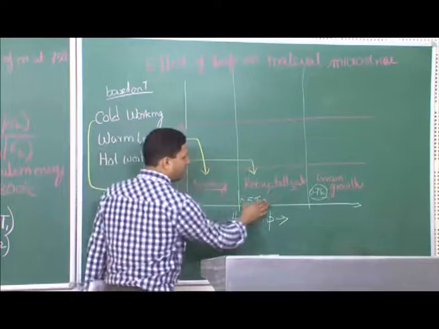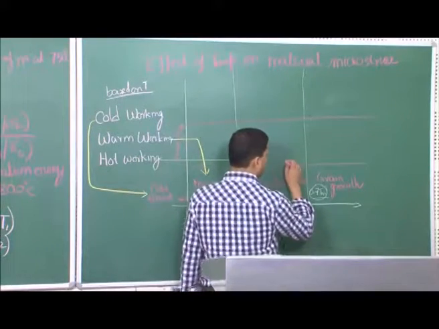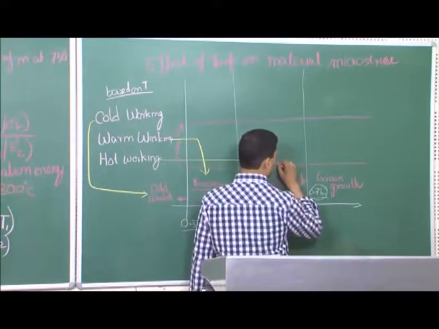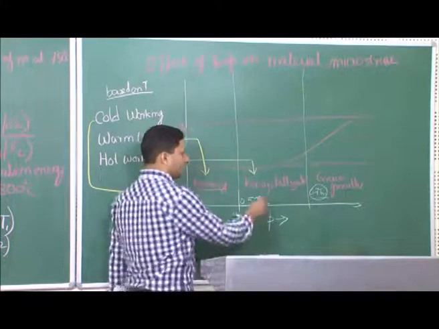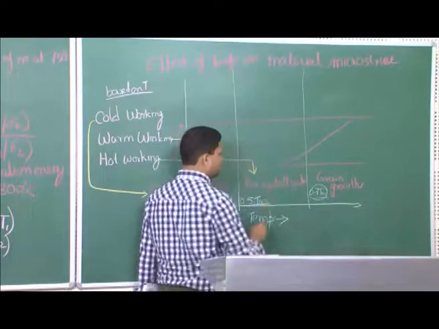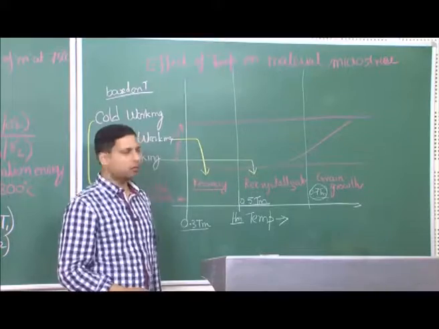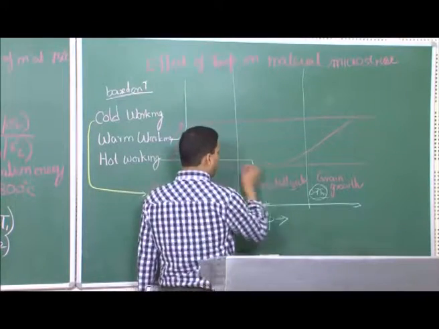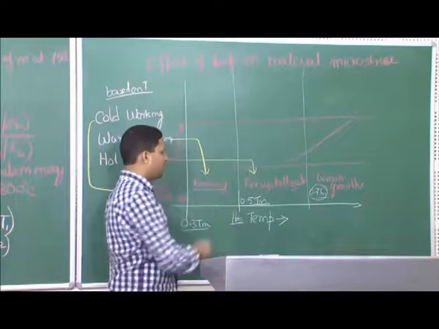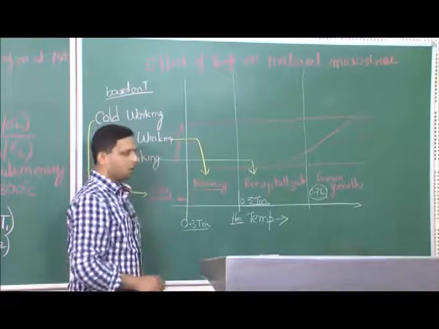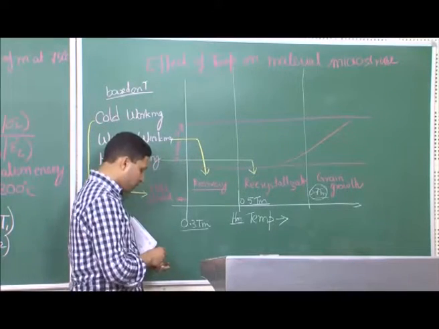But even in the other two regions, you may see some amount of changes, and if you were to look at the variation of grain size, it would follow something like this. Most of the grain size increase starts to take place from the recrystallization zone, and almost negligible changes in grain size will take place in the recovery or in the cold work zone. So, this is our variation in grain size.